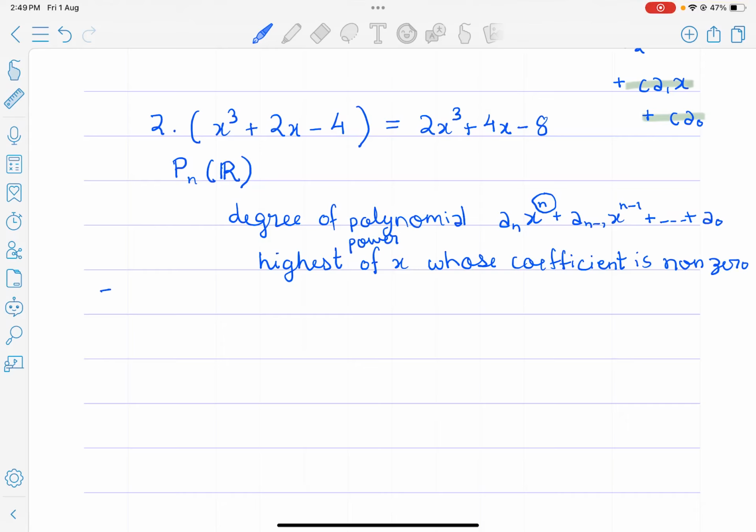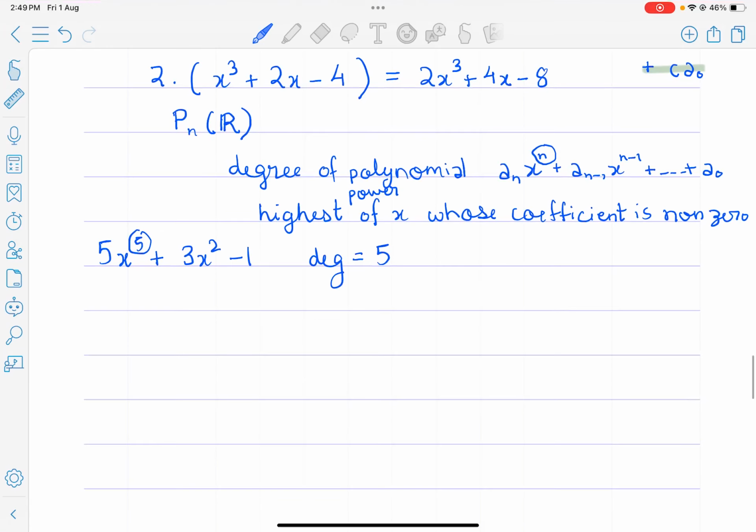Let's say we have 5x^5 plus 3x squared minus 1. Then the degree is 5, because this is the highest power of x.